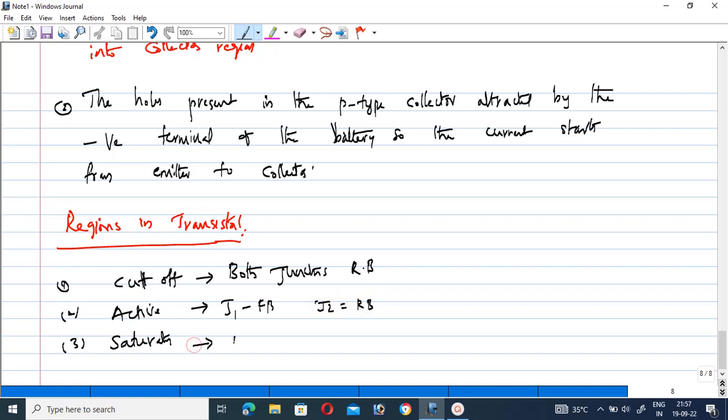In case of the saturation, J1 is in forward bias. Both the junctions in case of the saturation region are in forward bias condition. That is very important, right? So this is a forward bias region, as well as J2 is also in forward bias. These are the regions in case of the transistor. In case of the cutoff region, this transistor acts as an off switch.